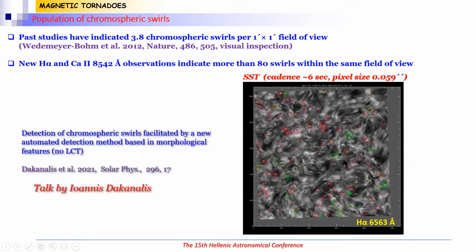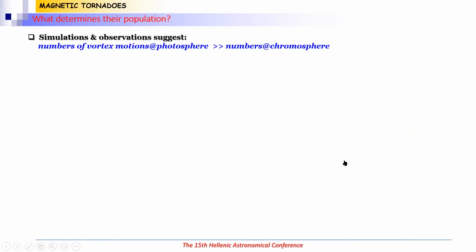We have been able to find these large numbers because of a new automated detection method that is based on morphological features. Therefore, it requires no velocity field estimation. And Yannis Dakanalis is going to discuss this method in more detail later on.